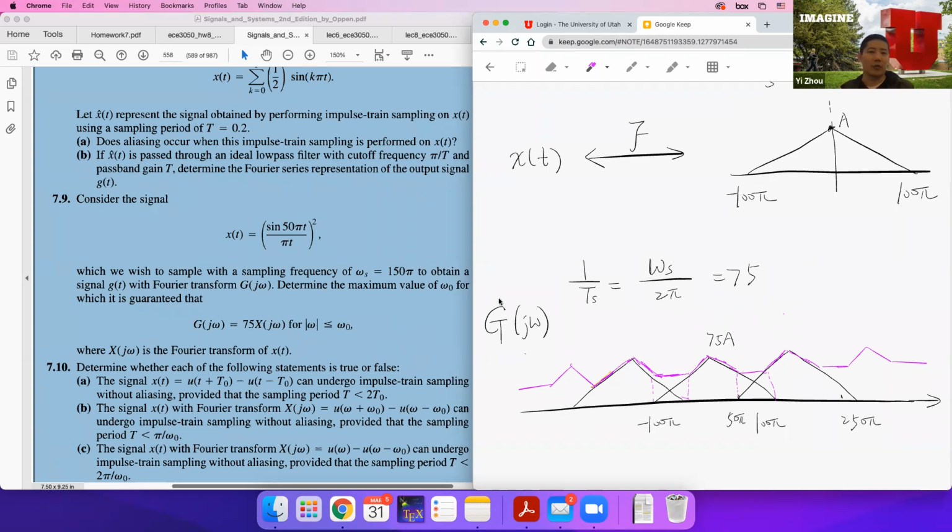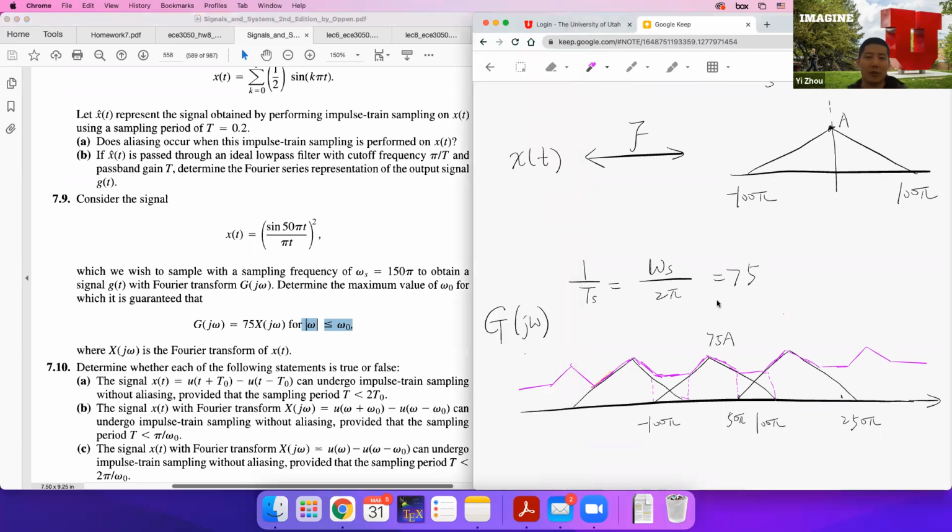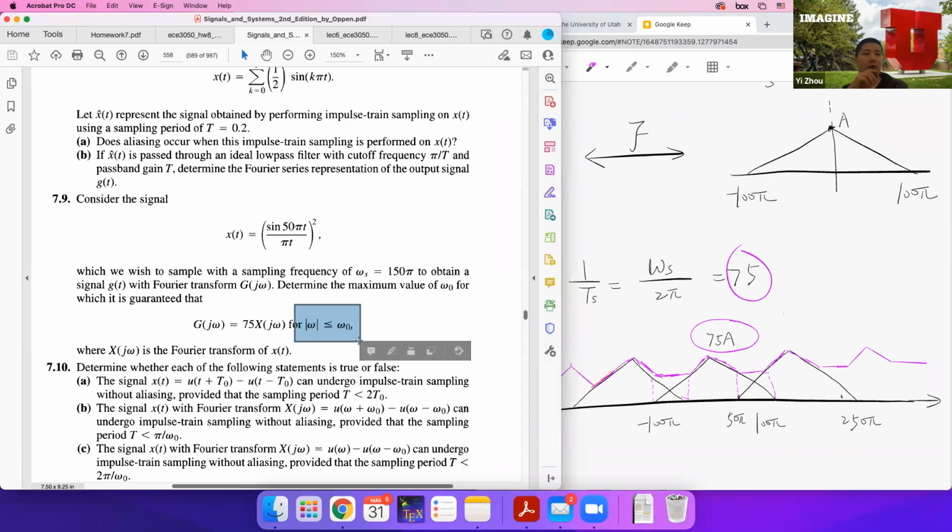So the question is to determine the maximum value of omega naught such that within this frequency band, capital G equals 75 times capital X. Well, you can see that the 75 is automatically satisfied because once we do sampling, all the spectrum will be scaled by 75 times. So all we need to figure out is a low pass frequency band such that the spectrum of G is not distorted.